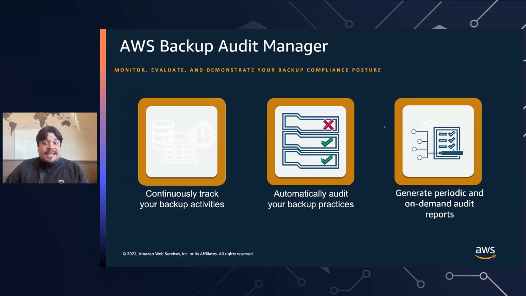This way, you can take quick corrective actions and help strengthen your compliance posture. You can also generate periodic or on-demand reports to demonstrate compliance with your control parameters to auditors and regulators, and get a centralized view of your backup activity through a single dashboard.